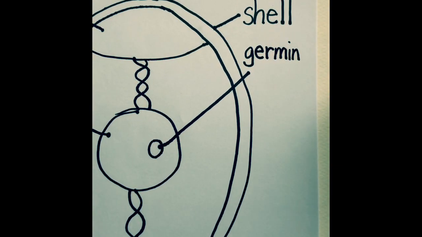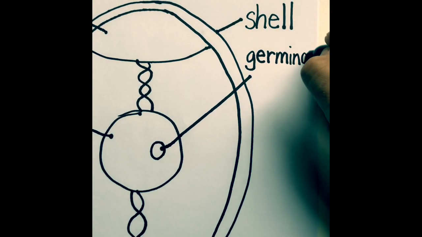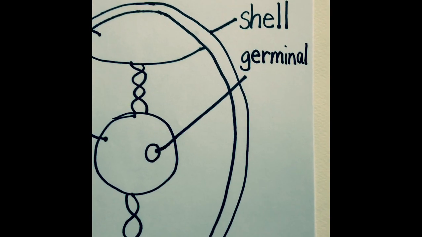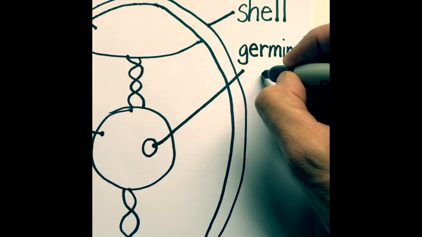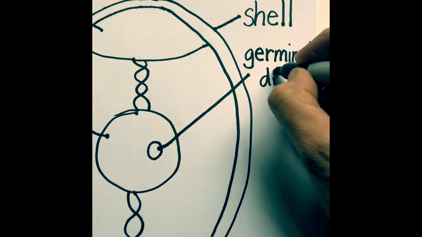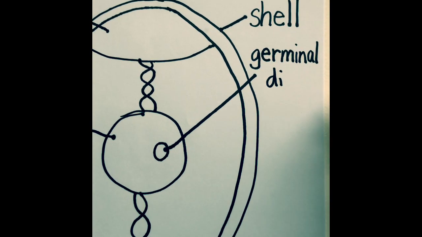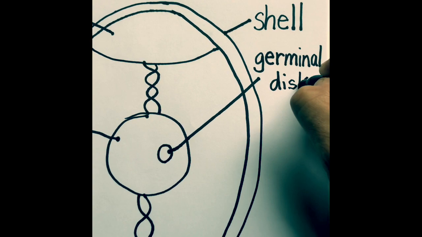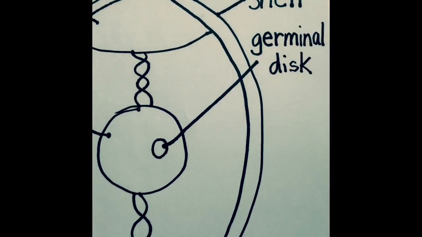And then germinal, al. That's an A and an L. Germinal disc. Disc, we can spell D, I, and then an SK. It's an SK blend. Disc.